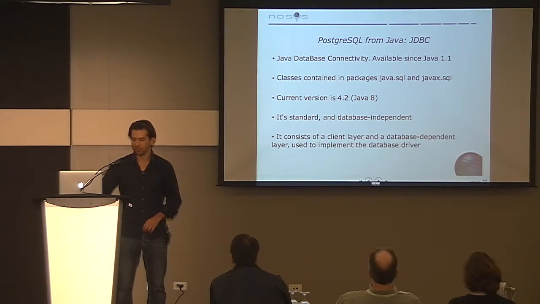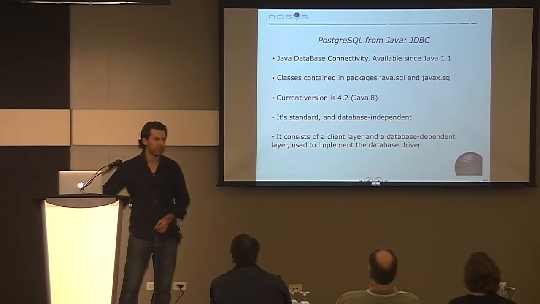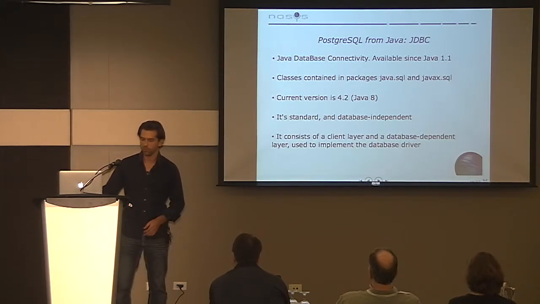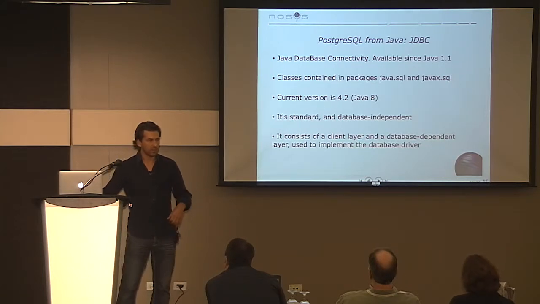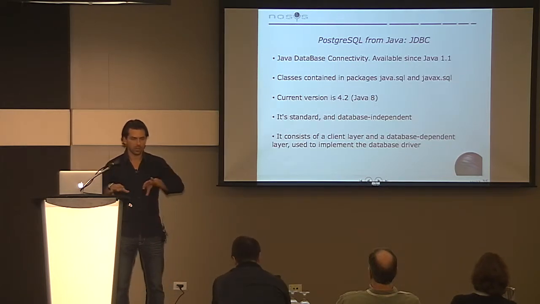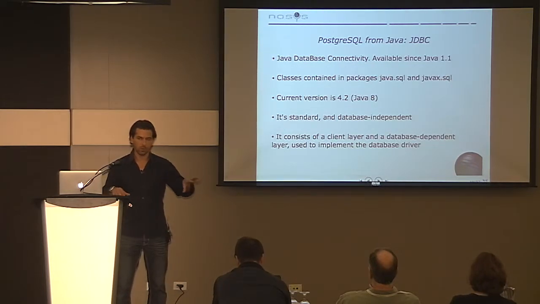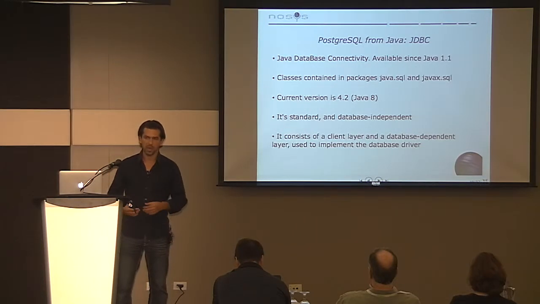The current version is version 4.2 of the JDBC standard, which was released together with Java 8. The connection itself is database independent. It has a database-dependent part, the driver part, and an API implementation part.